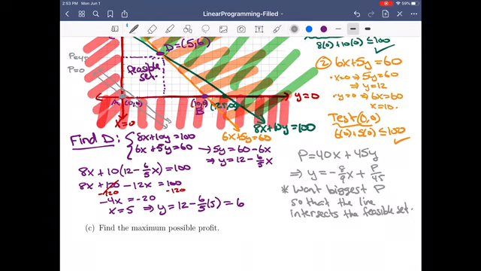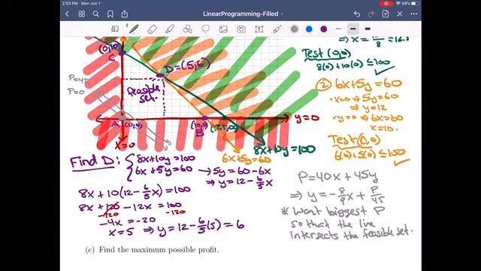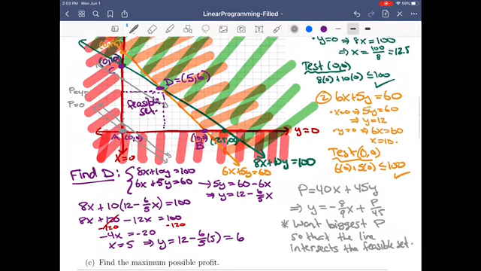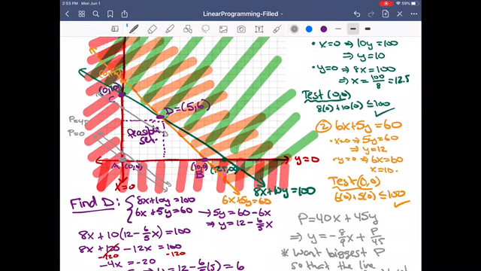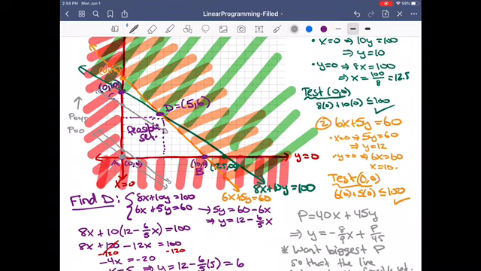Now if you keep drawing these, I'm going to draw some up here. So it's going to look something like that. So this is some P. We're getting bigger and bigger and bigger. At some point, we're going to fall out of the region, right? Now, what you want to see here is that the last place that we intersect is going to be at a corner point.